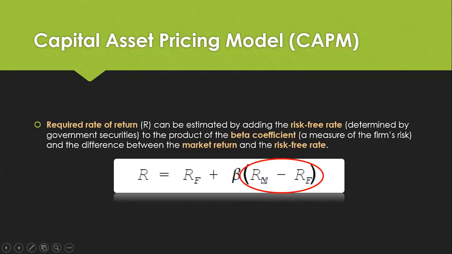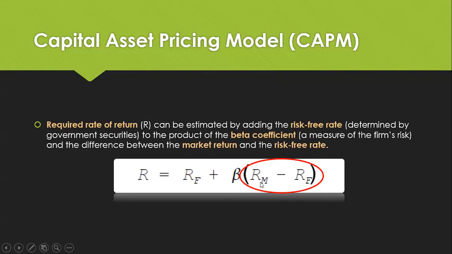R sub M represents your market return. So looking at the formula in its entirety, required rate of return is equal to the risk-free rate plus beta times the market return minus the risk-free rate. The part I encircled here, the difference between them, we call the market risk premium.